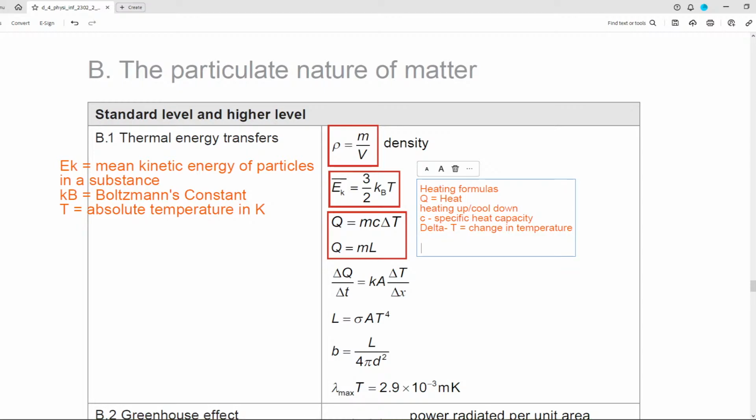However, if you are phase changing, then all the energy does not change the temperature. All the energy actually goes into the potential energy of the particles. As you notice, temperature is kinetic energy, so there is no change in temperature. So L is the specific latent heat.